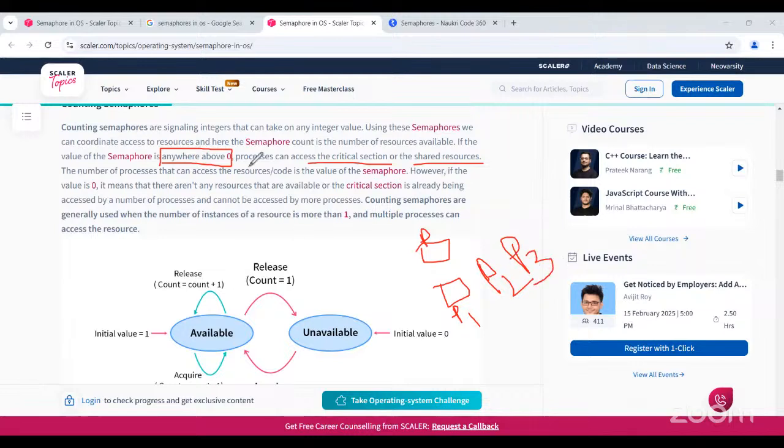If the semaphore is above zero, the process will access the critical section. That is, they can access this printer, one sheet at a time; it is not that all the processes are above zero.